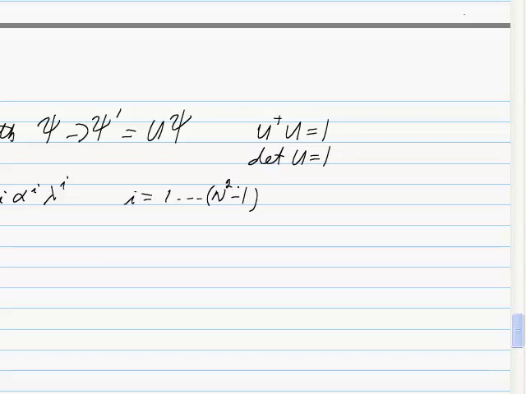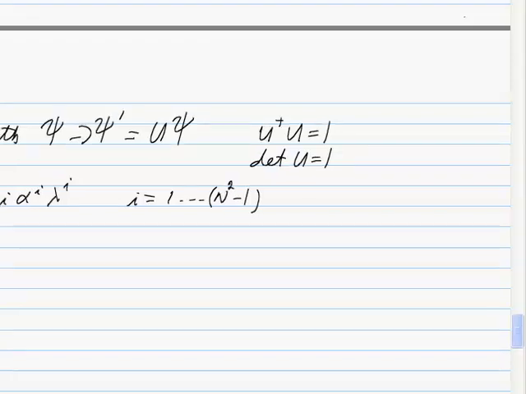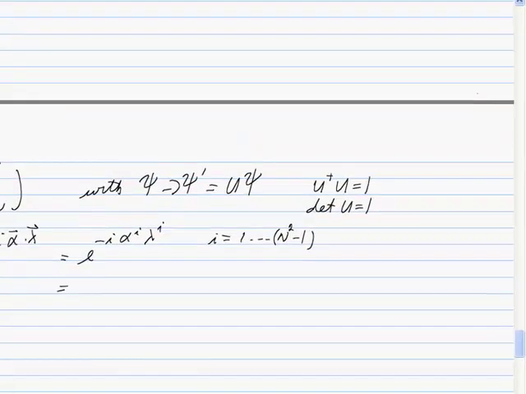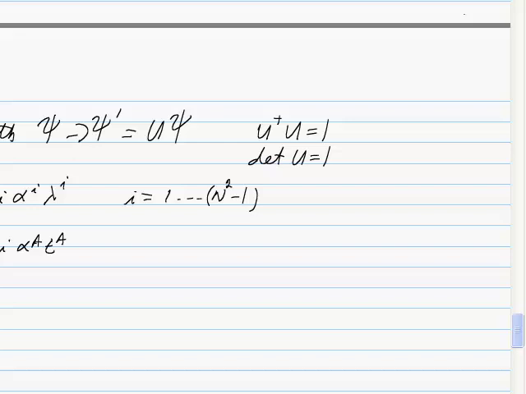From the counting that we did before, there are n squared minus 1 Hermitian matrices that are traceless. Sometimes we write this as e to the minus i alpha a T a. So T and lambda are the equivalent of sigma and tau. Sometimes you use one, sometimes you use the other.